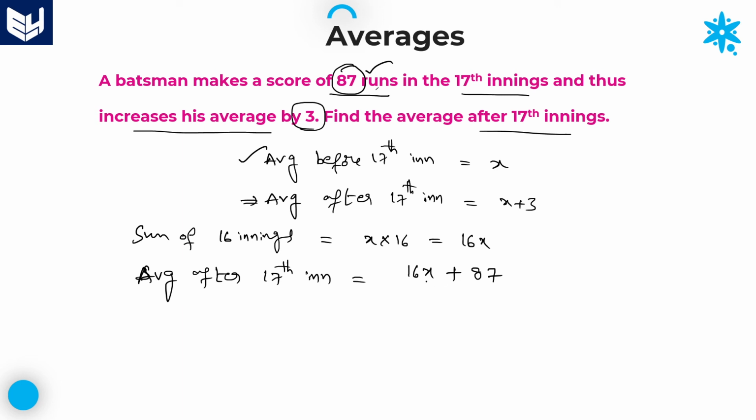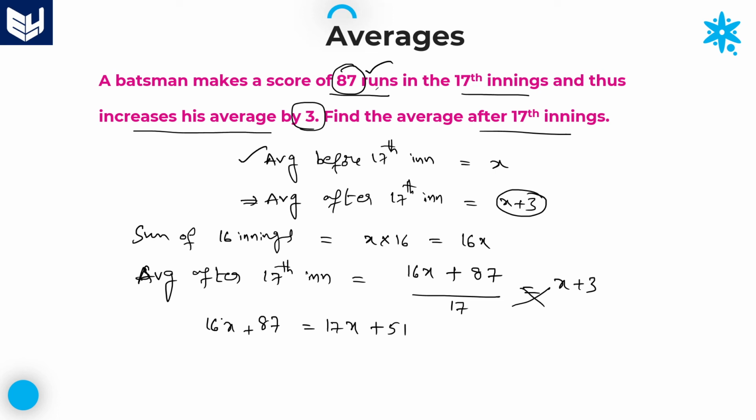This is the total sum of 17 innings, divided by the number of innings, 17. And this value is the average after 17th innings, which we take as x plus 3. Now you can do the cross multiplication and you will get the value of x. Here it is 16x plus 87 is equal to 17x plus 51.